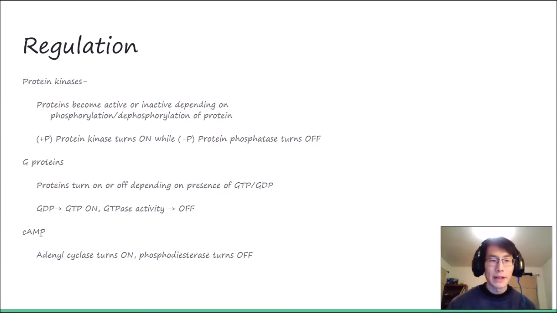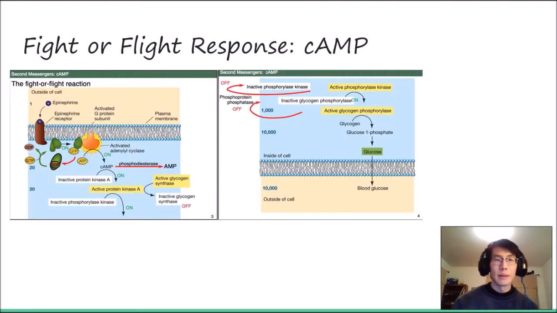And then finally, we have regulation via cyclic AMP. So if you have adenylyl cyclase that's turned on, you can convert ATP into cyclic AMP. By contrast, phosphodiesterase can turn off that signal by basically converting your cyclic AMP into normal AMP, and that shuts off the pathway. So that's just something to keep in mind. Regulation can occur in many ways, but these three are kind of the big key factors in helping moderate your fight or flight response.